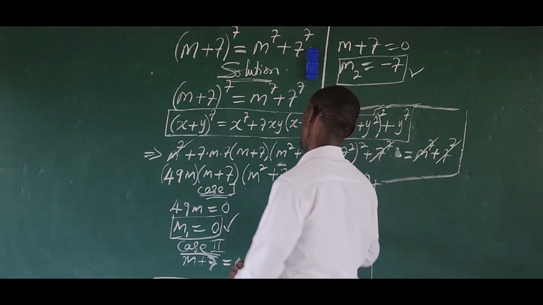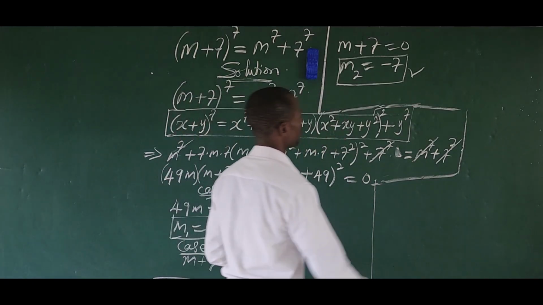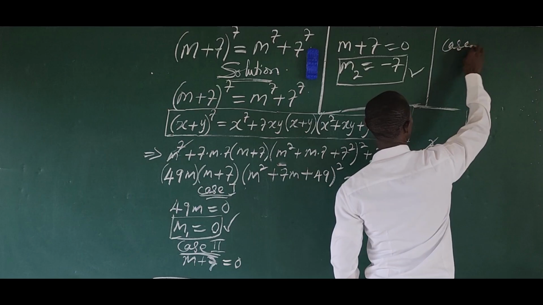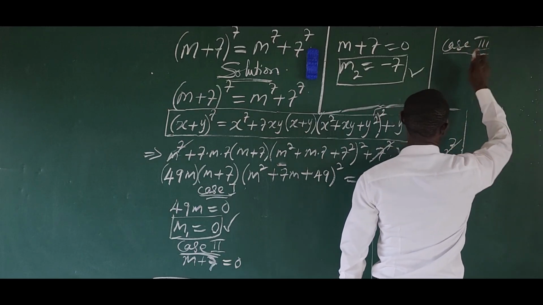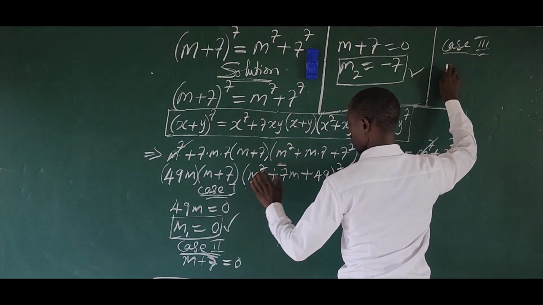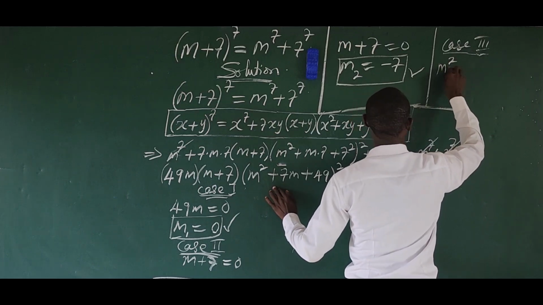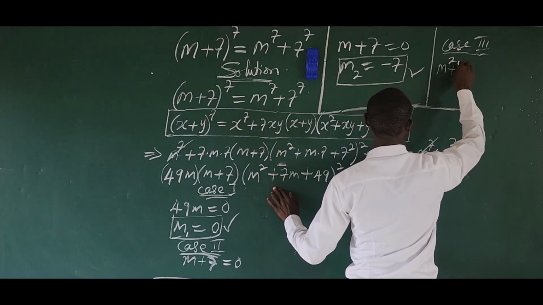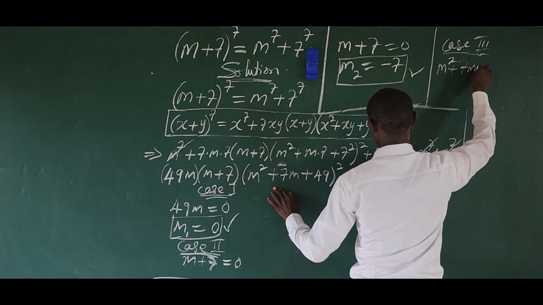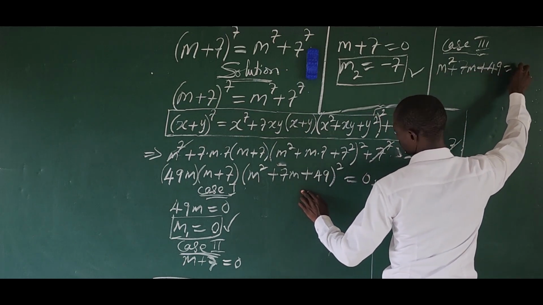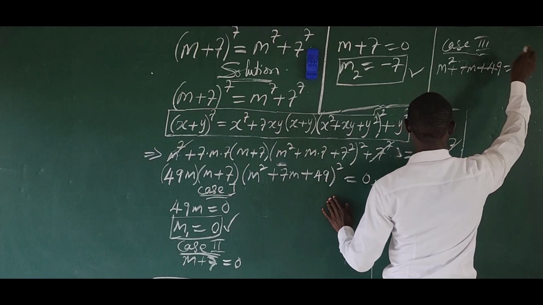So we take the third case scenario here, which is our case 3. Our case 3, we have our expression, which is m to the power of 2, then plus our 7m, then plus our 49. This is equal to all raised to the power of 2, okay?